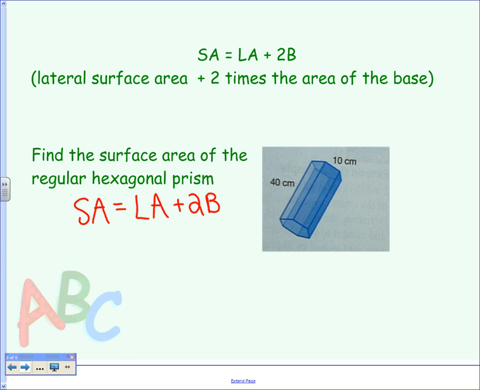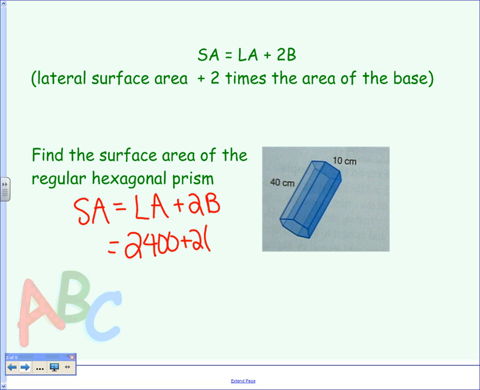Are you having trouble with the base, maybe? Yeah, we haven't done one like this before. You may already know how to do it, you may not. The lateral surface area, what did you get for it, though? What? 2400? Okay.